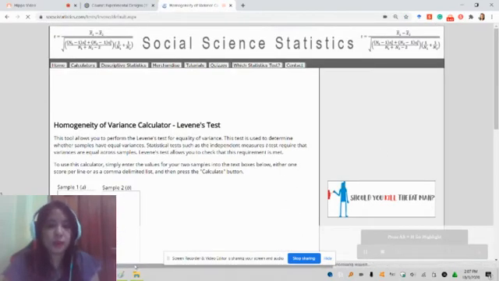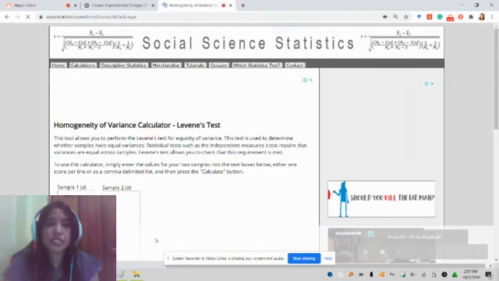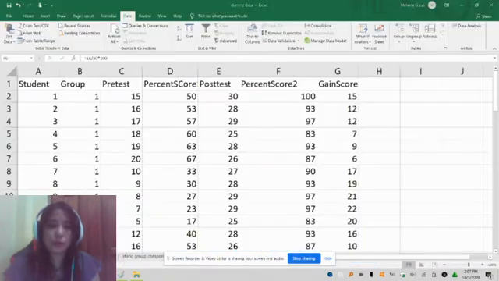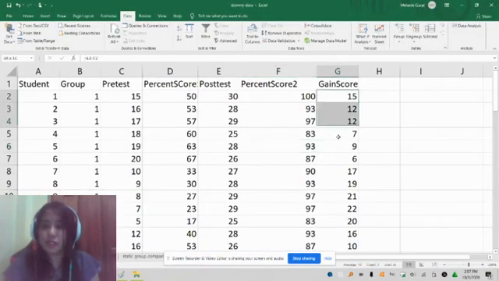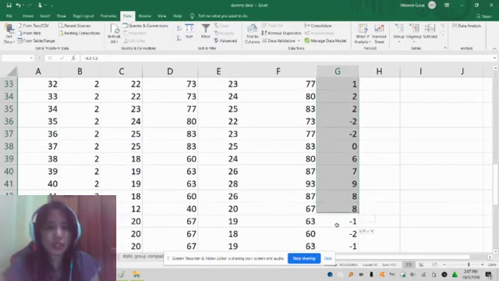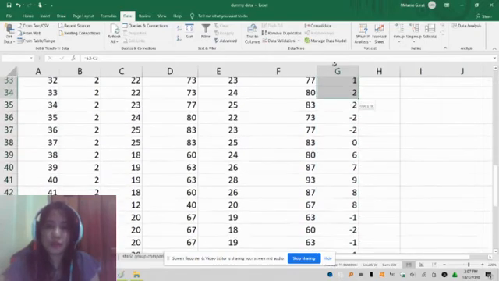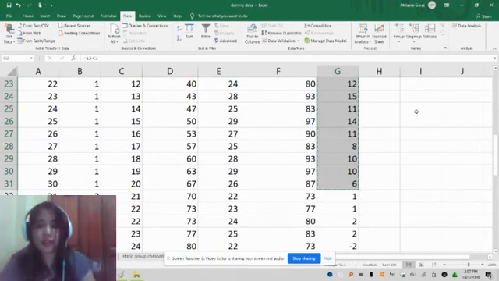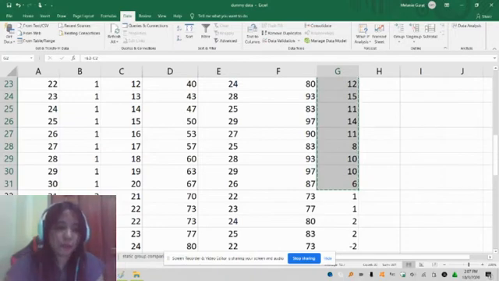So for sample 1, we are going to enter the gain score for sample 1, and for sample 2, the gain score for sample 2. So this is from respondent 1 to respondent 30.